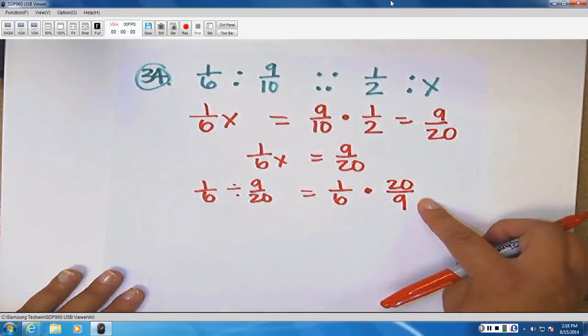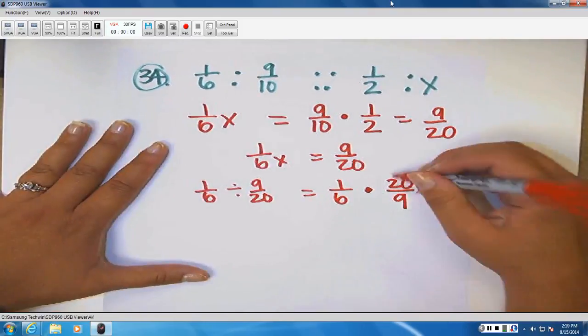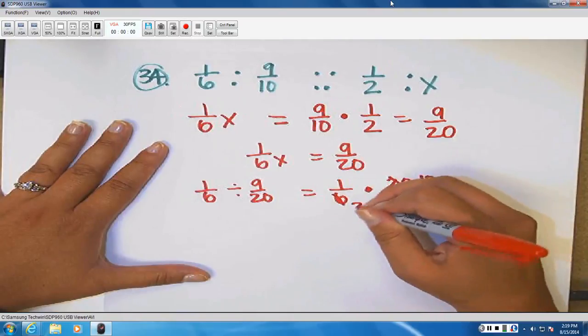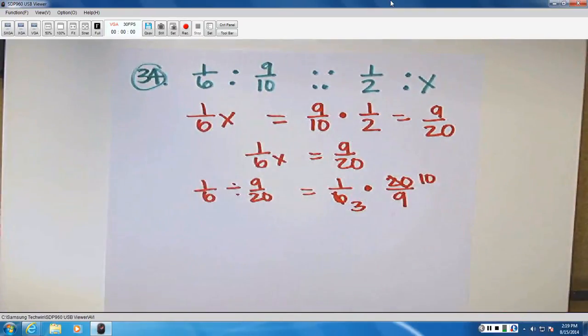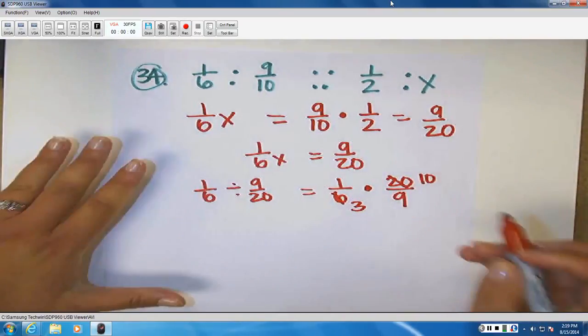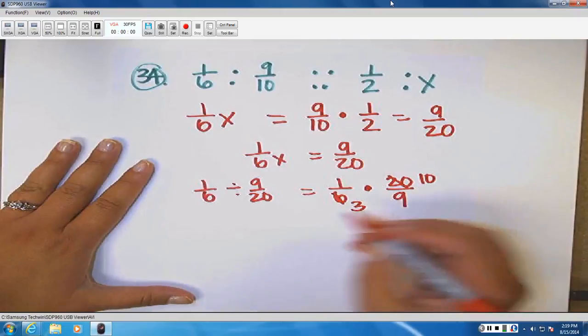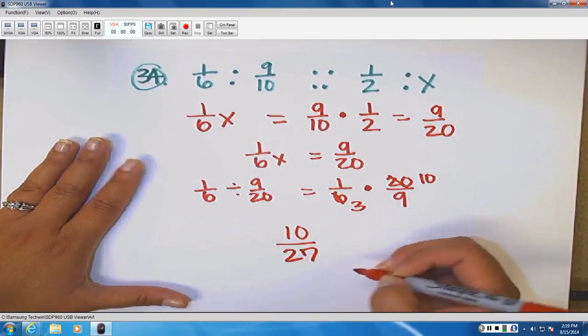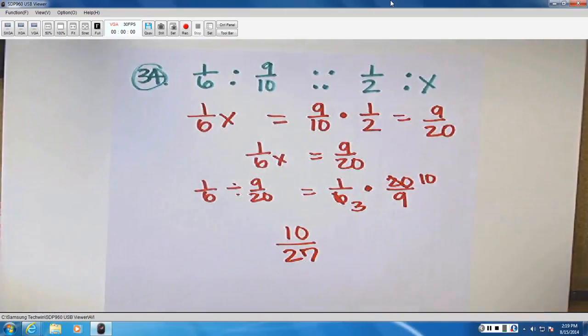And I know that I'm going to reduce right here. And I can reduce by 2. 2 will go into 20 10 times. 2 will go into 6 3 times. And now I'll just multiply straight across. So I end up with 1 times 10 is 10. 3 times 9 is 27. And my answer is 10/27.